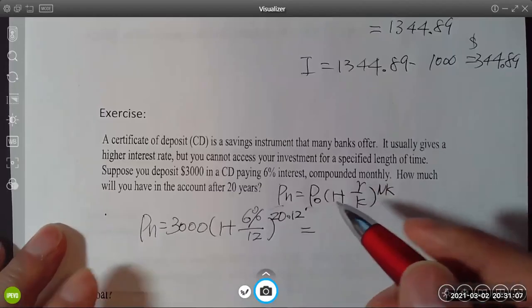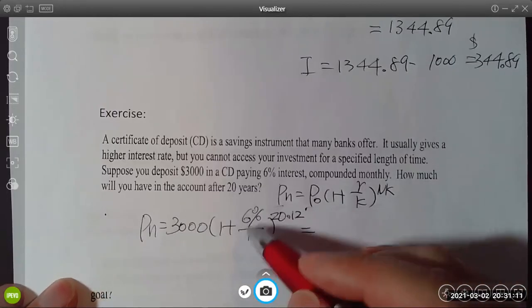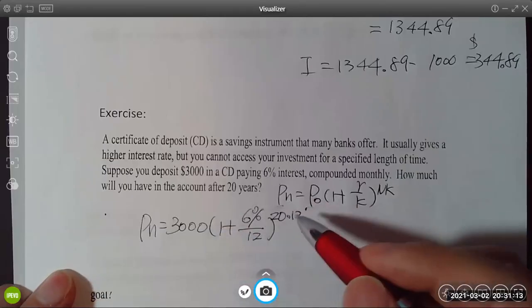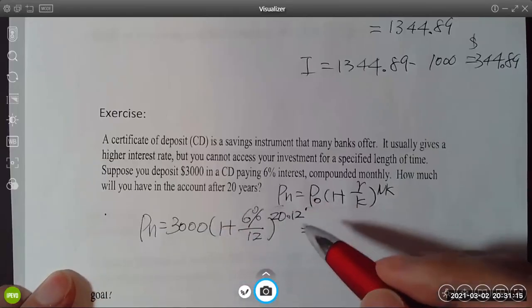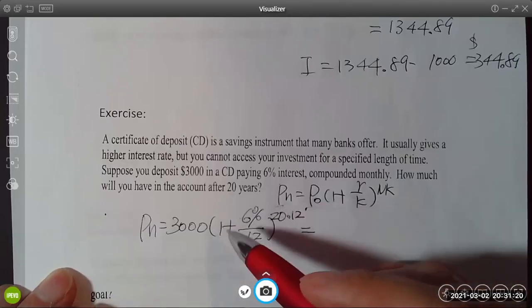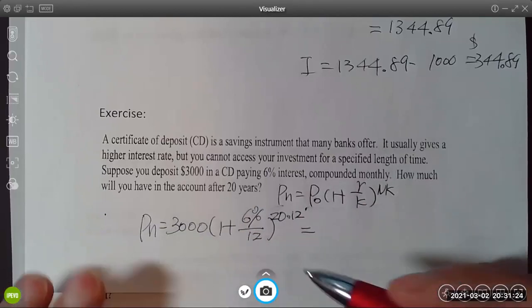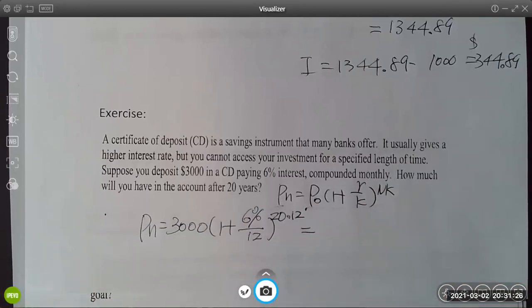That's why controlling error is very important. If this part has rounding error, this whole thing is going to be compounded 240 times. That error is going to be compounded 240 times, and that error also is going to be exaggerated by another 3,000 times. So that's a terrible result. And in your homework assignment, from my memory, they only tolerate plus minus 5 cents.